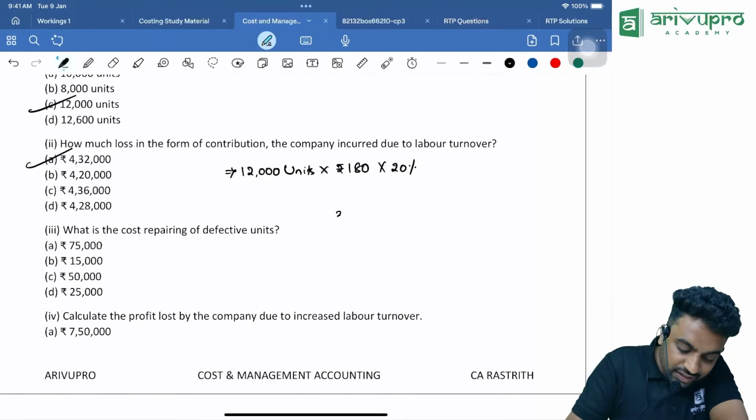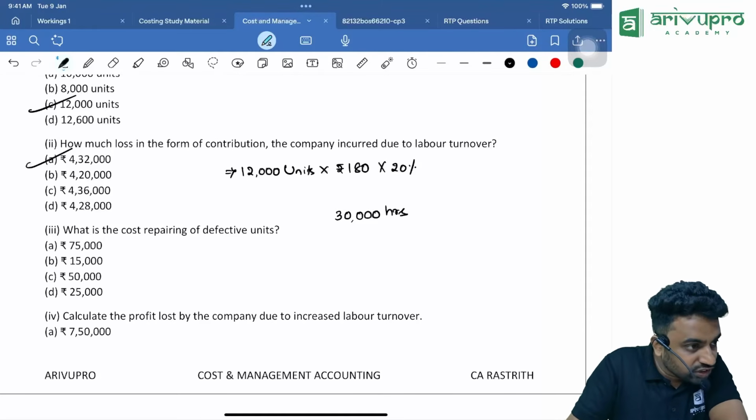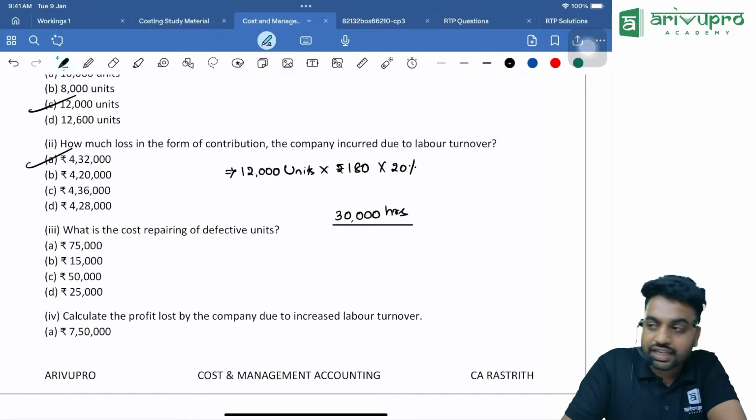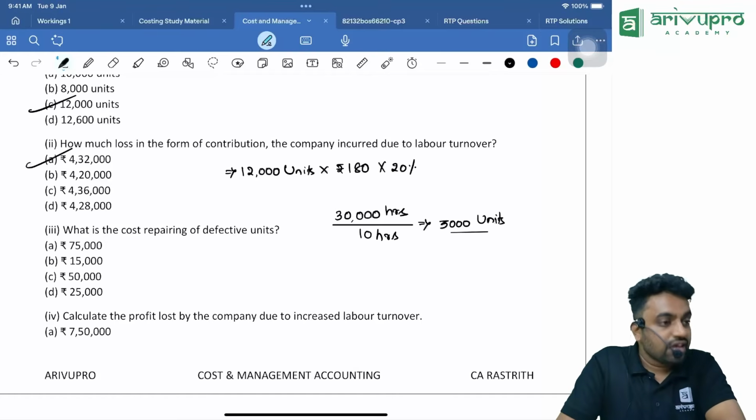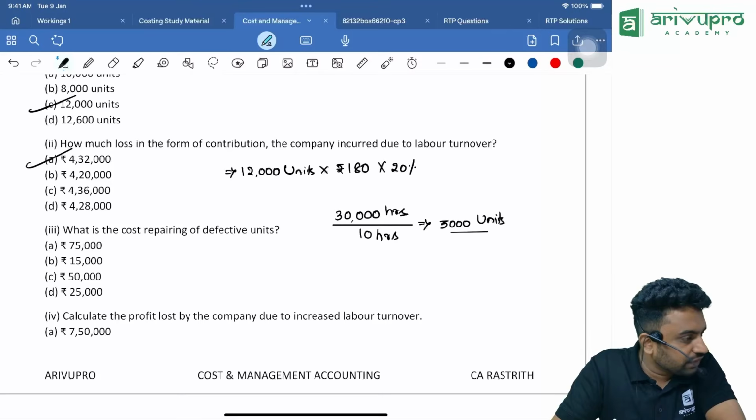What is the cost of repairing the defectives? Guys, although they are working for 50,000 hours, they are producing output equivalent to 30,000 hours. So, in 30,000 hours, as an experienced worker, how many units would you have produced? 3,000 units, which means our trainees are taking 50,000 hours to produce 3,000 units.